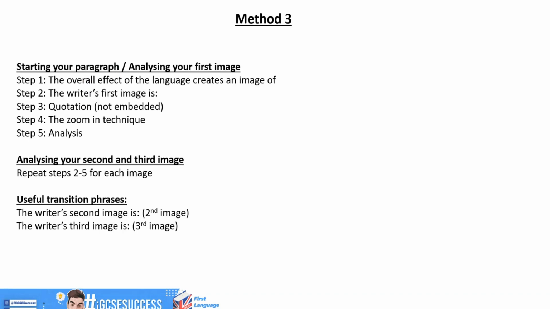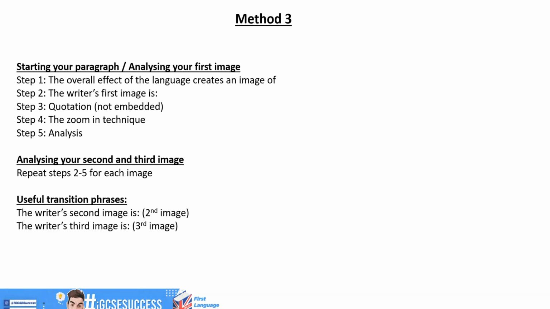So method 3 is very similar to my first method, and I often use this method with students who just seem to struggle when embedding quotations, and that's absolutely fine because you are not going to get any extra marks. But again, it's a skill that I like to try and develop with my students. So it's virtually the same.